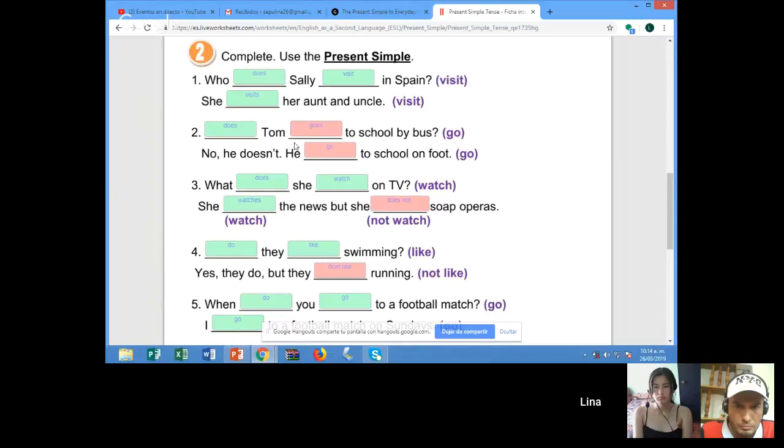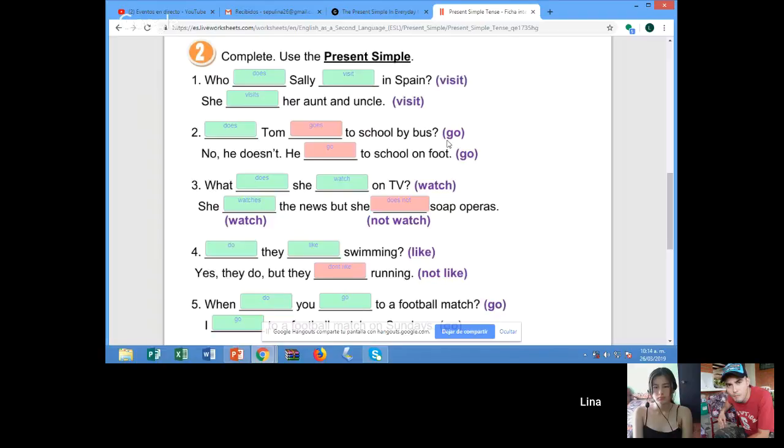So, does Tom go to school by bus? Here, Diana, you need to check the verb, okay? And here, no, he doesn't. He go to school on foot. Here, we change the form. He goes because it's a third person, okay?